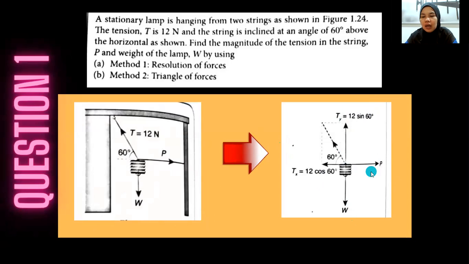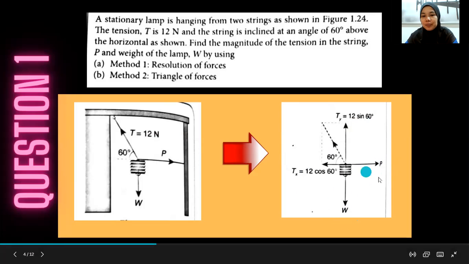While P, the force towards the right, is equal to 12 cos 60. Why? Because the total force in the y axis and also the x axis is equal to 0. From this diagram, you can determine the value of P and W. It's really easy and simple if you understand the concept.